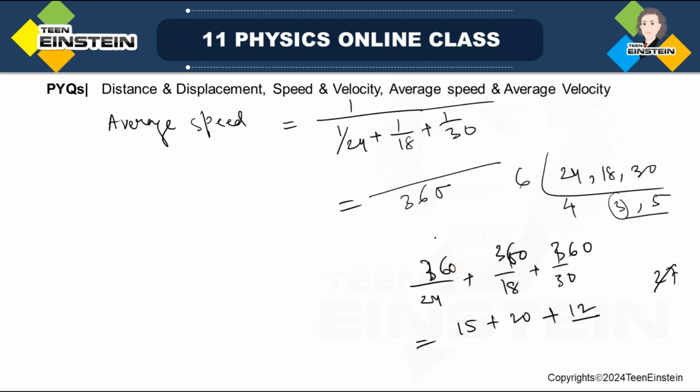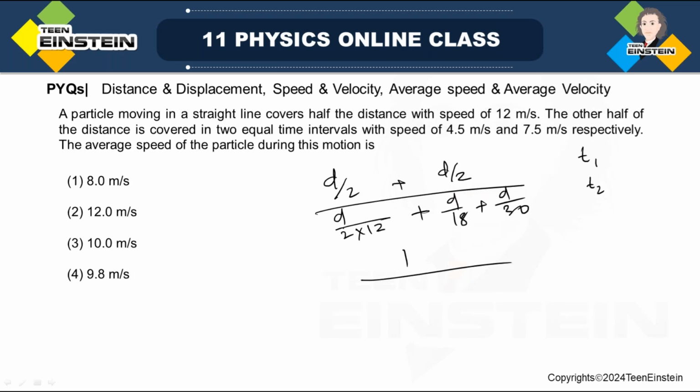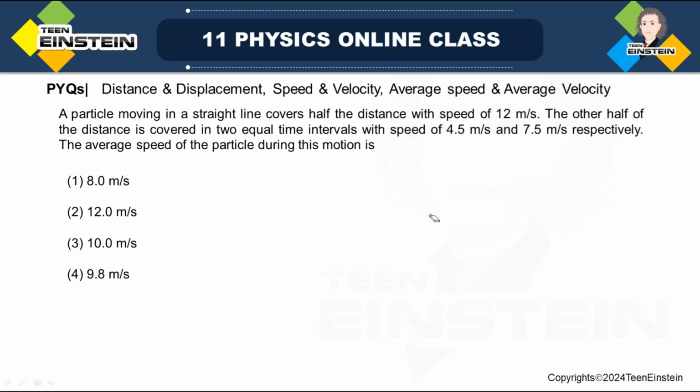No, this is no way. These are not equal intervals, it seems. Okay, let me not waste my time over here. I'll just come back. Somehow I'm getting lost in between.